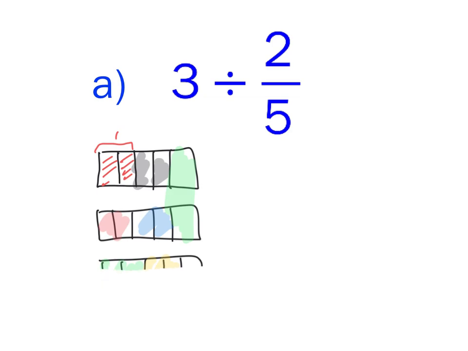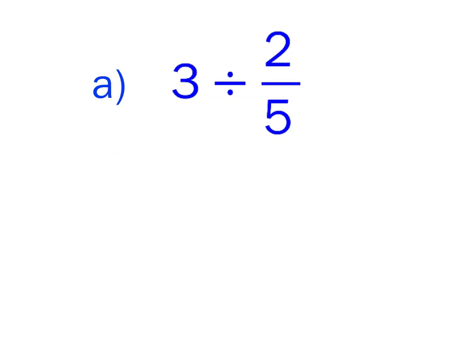So the way to do this is, how are dividing and multiplying related? They're opposites. So if we're dividing by 2/5, then we can change the sign to multiplication and flip the fraction upside down, 5/2.